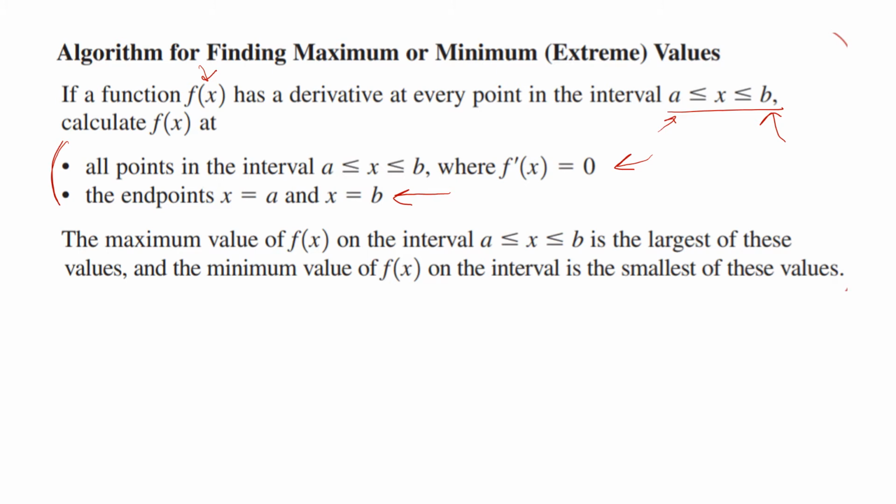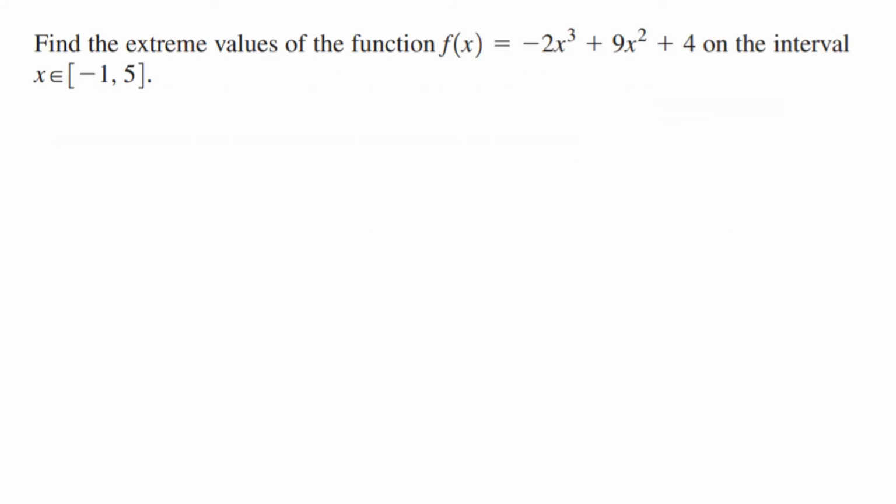So let's explore these steps with a question so it makes more sense. This question wants me to find the extreme values of the function given by that and on the interval from -1 to 5. So whenever it asks for extreme values, my very first step is to find the critical points. So I do that by first taking the derivative of whatever the function is given.